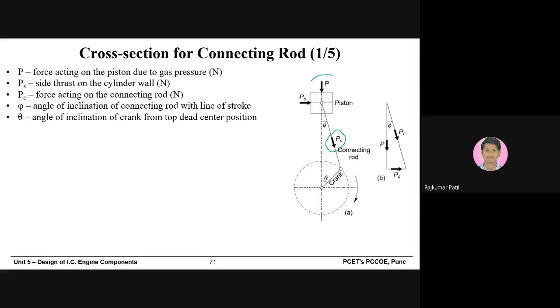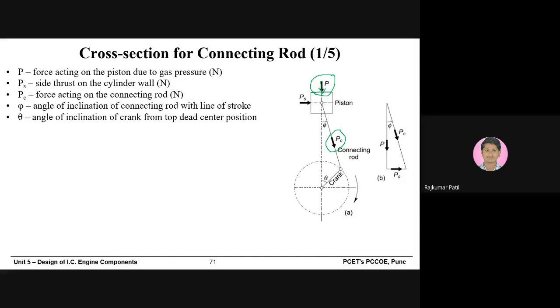First, the force which is exerted on the top of the piston by the combustion gases. So combustion takes place inside the combustion chamber, and during the combustion the internal pressure increases, and that exerts a force P in a downward direction on the piston.